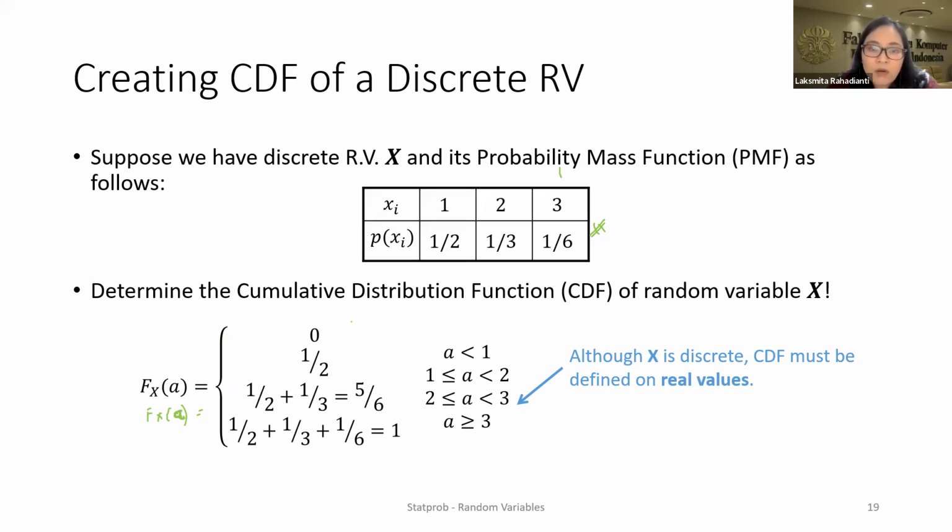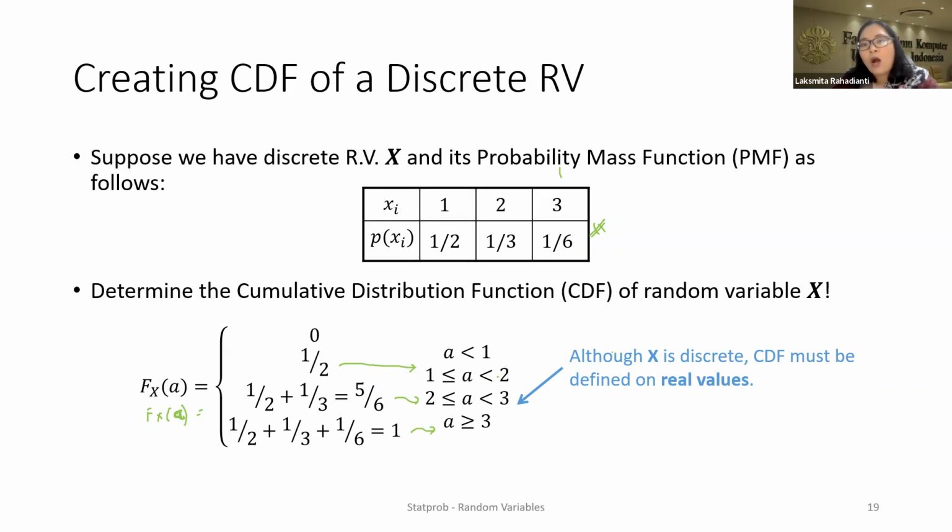So it is 0 for a less than 1. It is 1/2 from 1 to 2. It is 5/6 from 2 to 3, and it will be equal to 1 for any a larger or equal to 3.